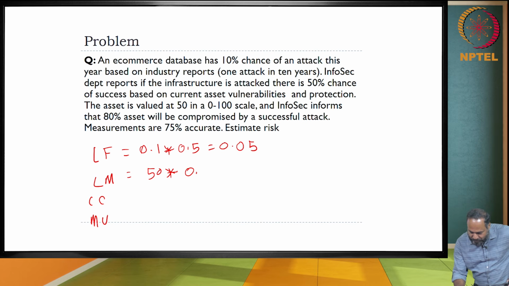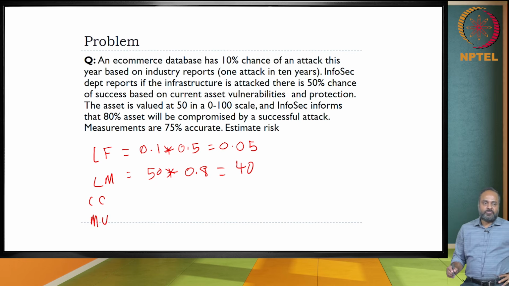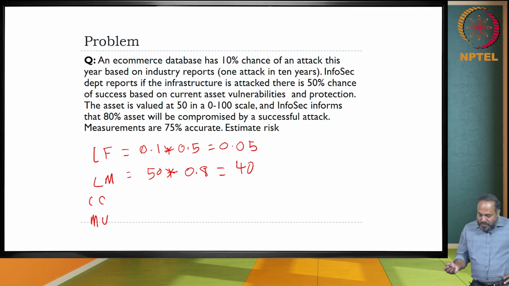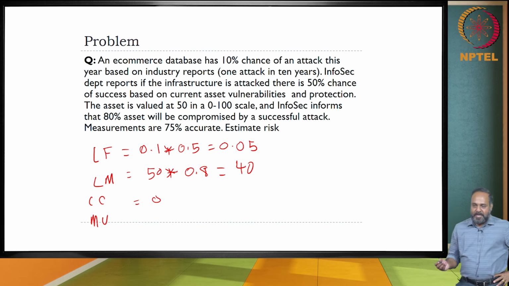So, therefore, 0.8 into 50 is equal to, correct, 40. Exposure is 40. Now, current controls, is it mentioned? It is not mentioned in the question, okay. So, therefore, we just do not add any value there.